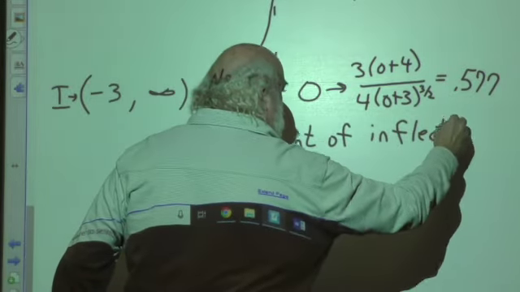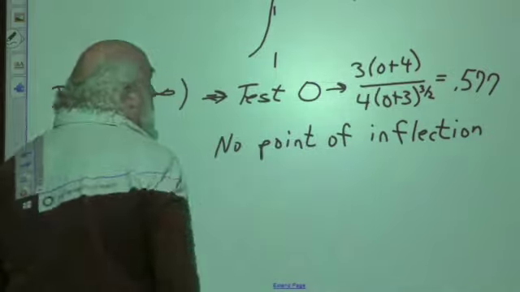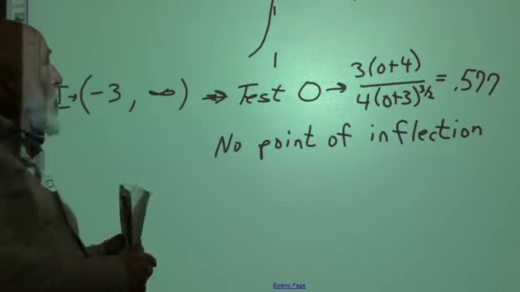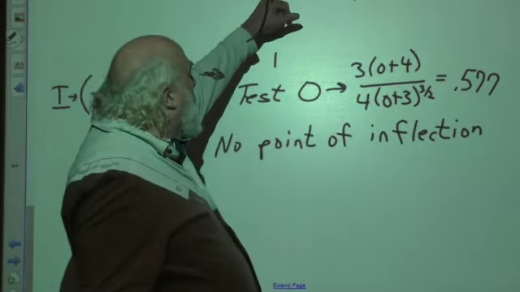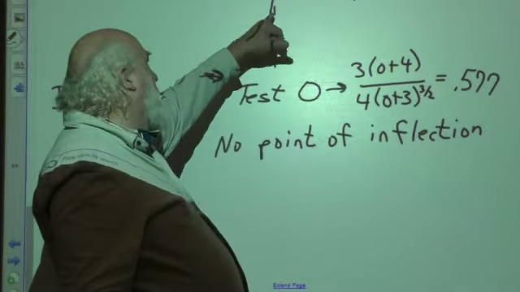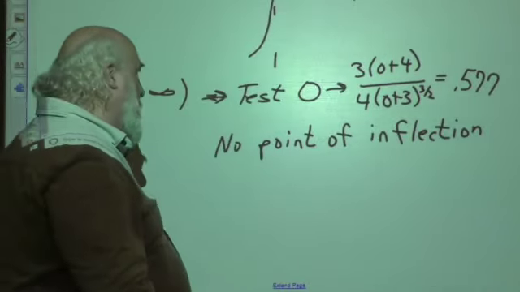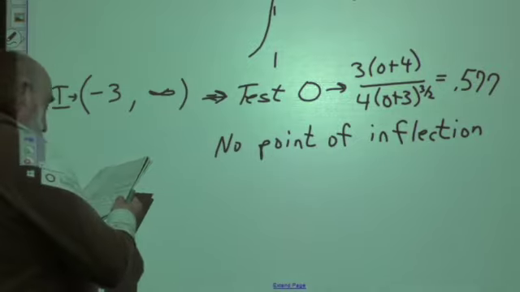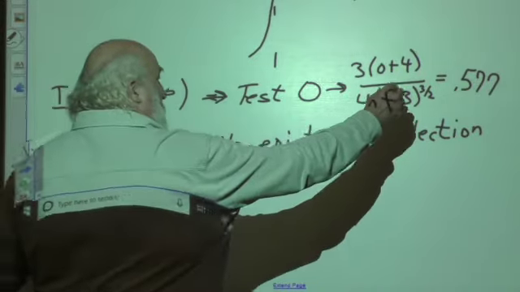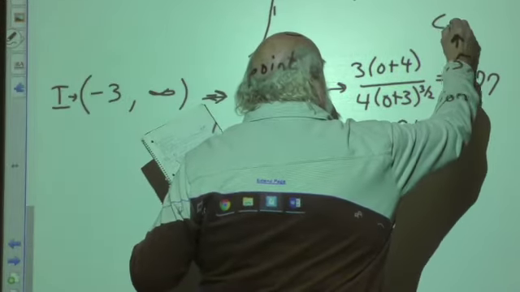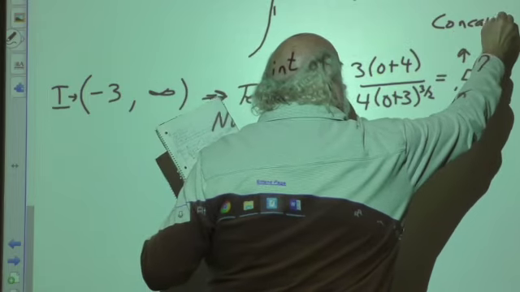The point that kind of looks like an inflection point there is at a point right here where you thought it was going to start to drop, and instead it keeps going in a positive direction. So no point of inflection here. And the fact that this is positive means it's concave up.